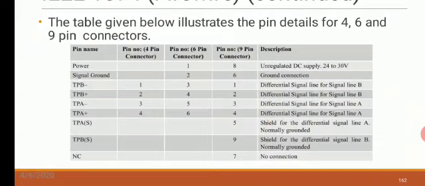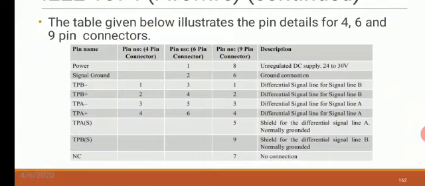So differential signal for the two lines, that is A and B. Then the 6-pin has the power and ground along with all the 4 lines, that is TPB plus, minus, and TPA plus and minus. That is for the 6-pin connector. And for the 9-pin connector, there are 2 other pins, TPAS and TPBS.